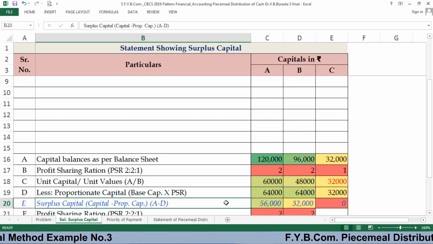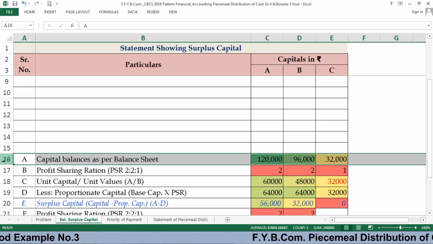Now the next step is surplus capital. So how can we calculate surplus? Surplus capital means capital. Here we have the balances of Mr. A, B and C: 1,20,000, 96,000 and 32,000.